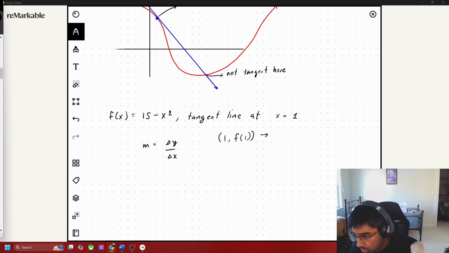For this function, 15 minus 2x squared, your point's going to be 1 comma 13. Now what we can do is plug into our slope function, which you might know as rise over run.